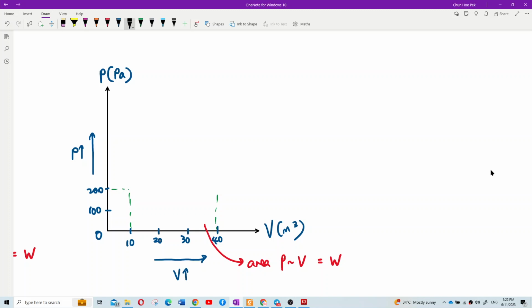The initial goes to 600 pressure, let's say 600 Pascal, going to the same volume. The same volume, class. Final is over here.